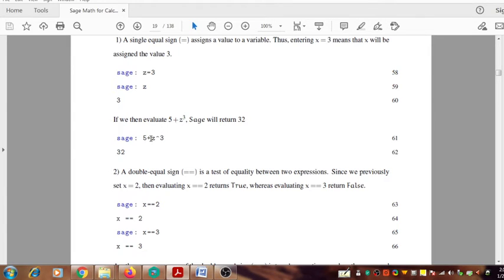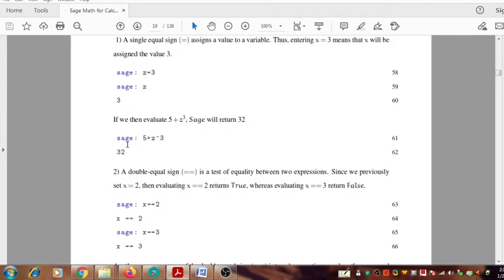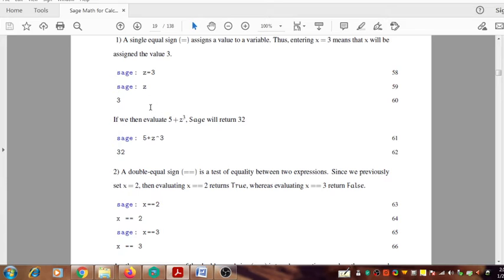As a result, 5 plus 3 cube, 3 cube you know is 27, plus 5 equal to 32, and that way we get that output. So this is an example of storing a value at a variable, and then using that value to calculate more complicated expressions.